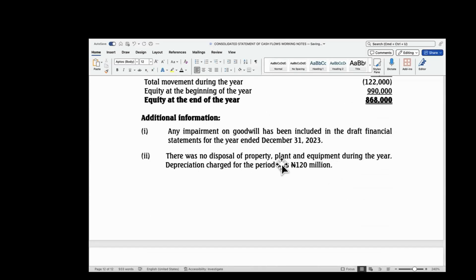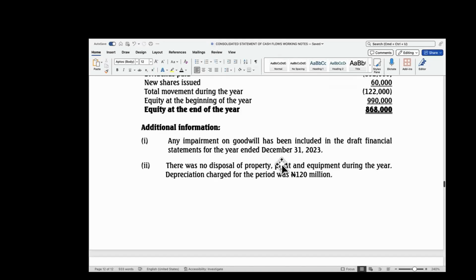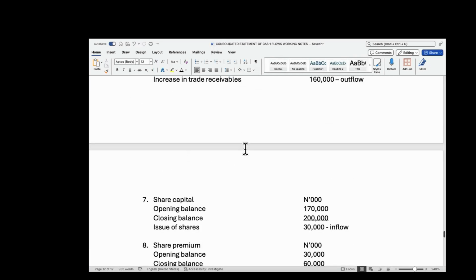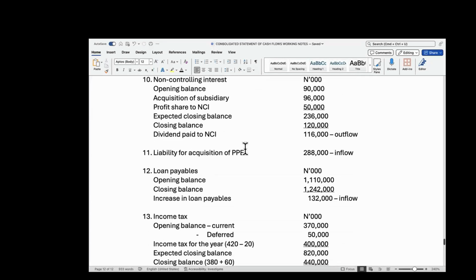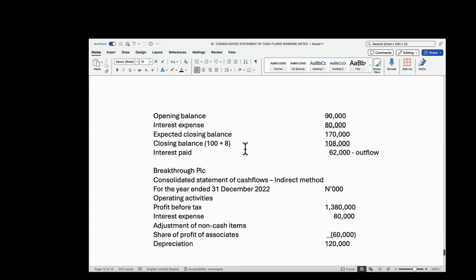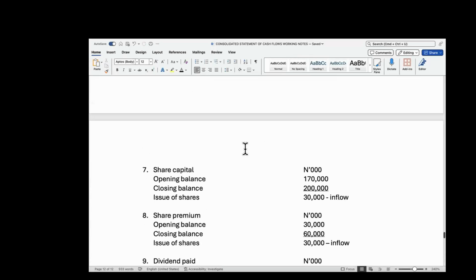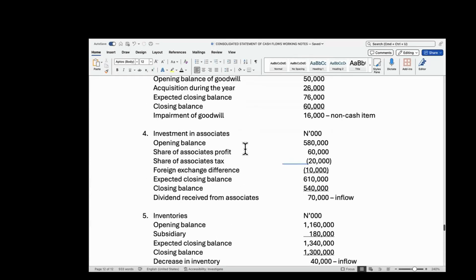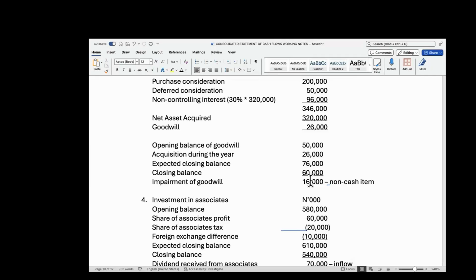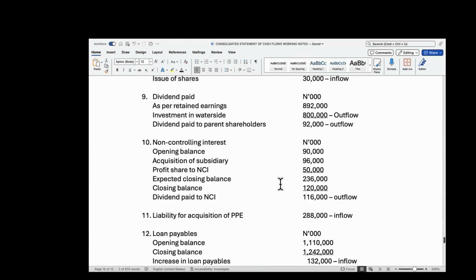Yeah, note 2, 120,000. And also, in note 1, there was impairment of goodwill that we computed. How much is it? Yeah, 16,000 non-cash.